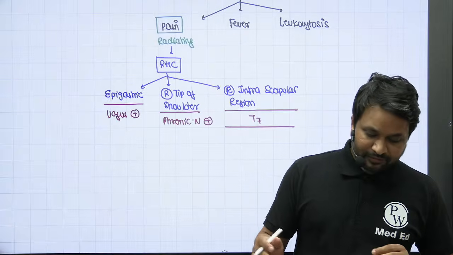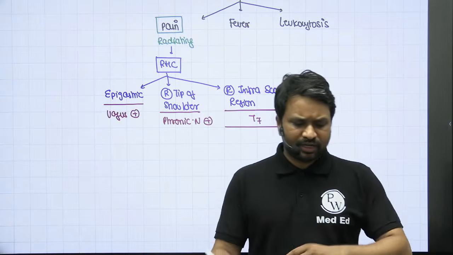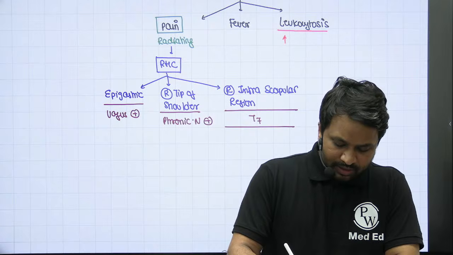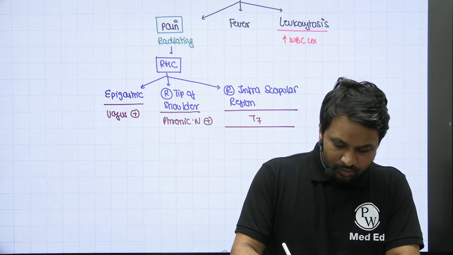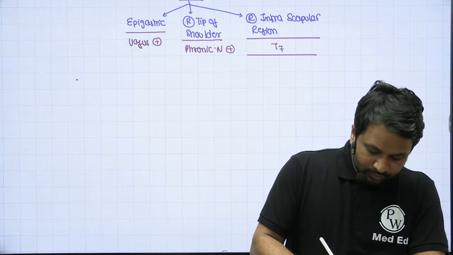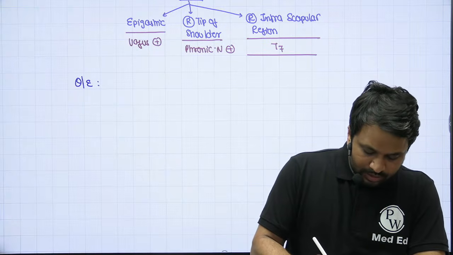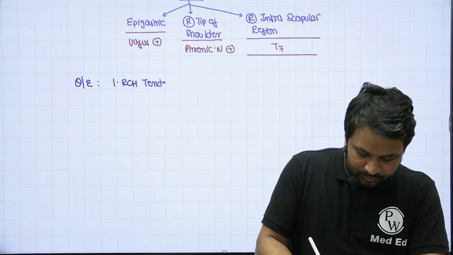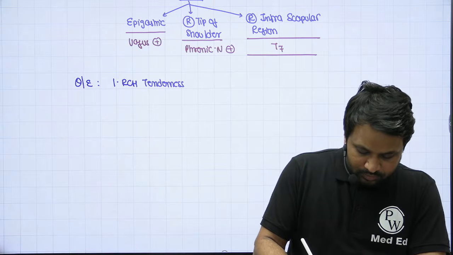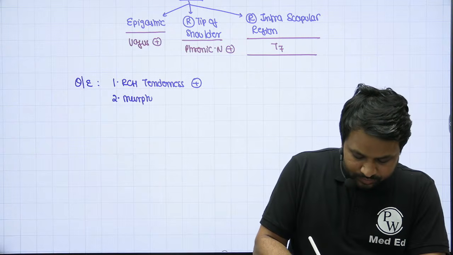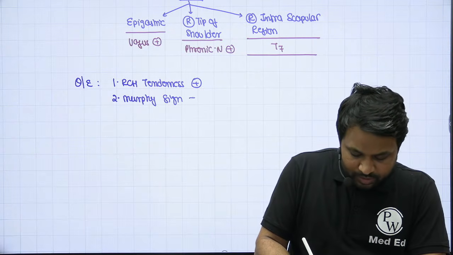So you have pain, fever, leukocytosis. Leukocytosis is an elevated WBC count. So on examination, there will be right hypochondriac tenderness. There will be Murphy sign positive. Now what is this Murphy sign positive?